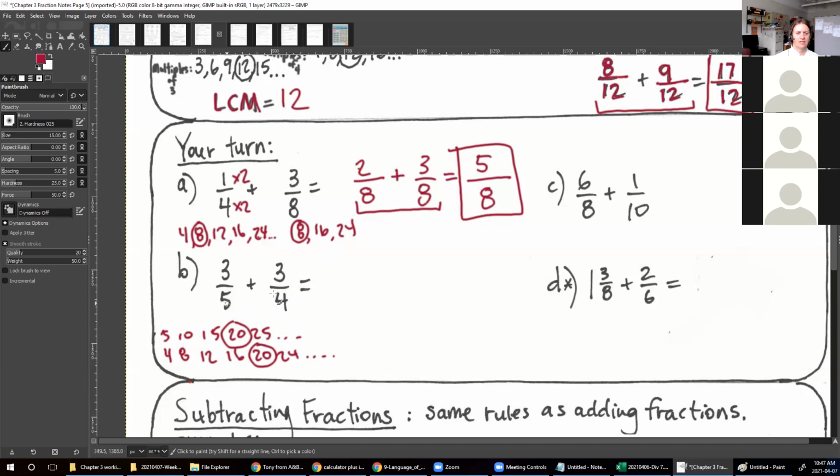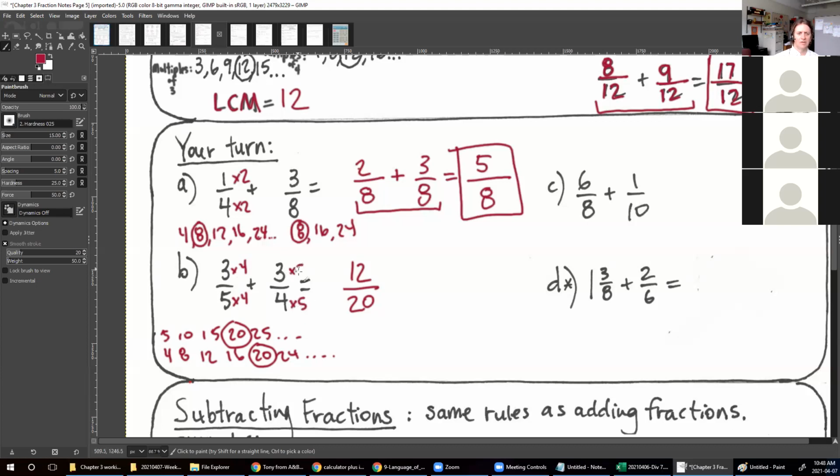So I want to convert these into 20ths. In order to convert this to 20, I'm going to multiply by 4, because 5 times 4 is 20, so I have to multiply the top also by 4. So 3 times 4 is 12, and 5 times 4 is 20. Okay, we have to also convert this one. In order to make this 20 on the bottom, I'd have to multiply it by 5.